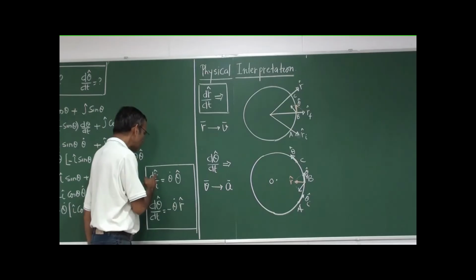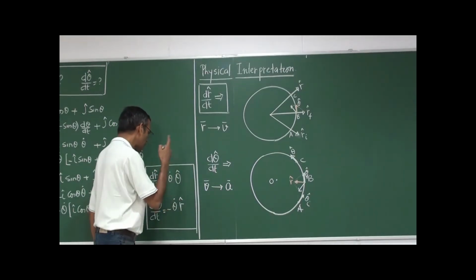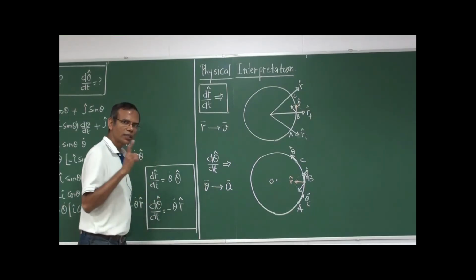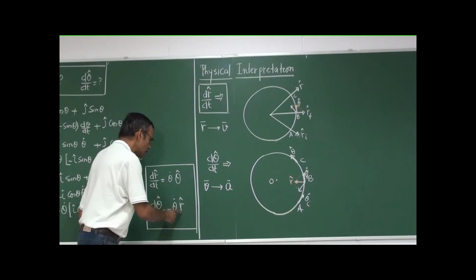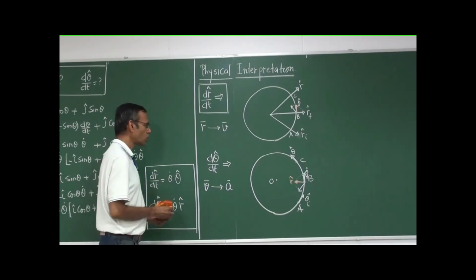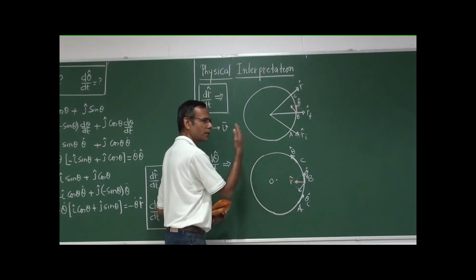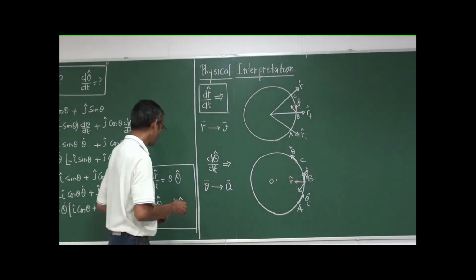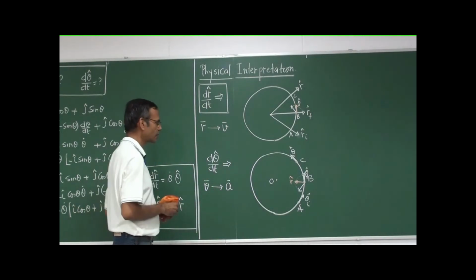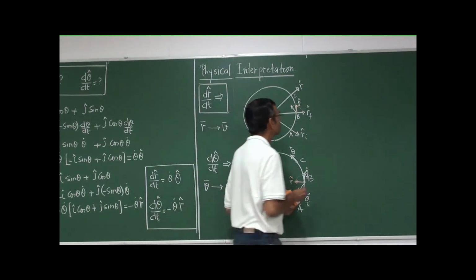The derivative of r cap is in the direction of theta cap. The derivative of theta cap with respect to time is in the direction of r cap. Both are theta dot, that means the angle with which it is rotating is what matters. But here there is a minus sign, as you see it is towards the center. Good.